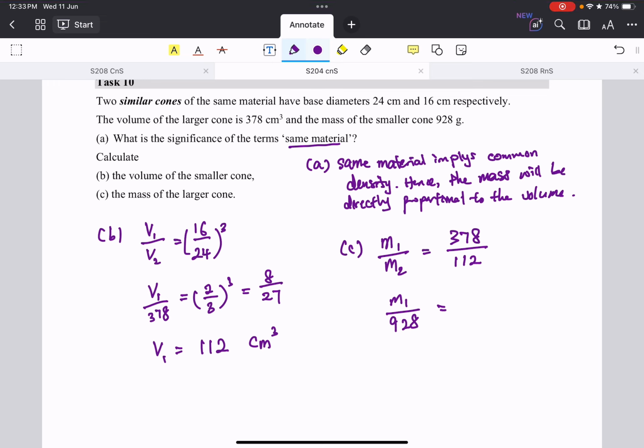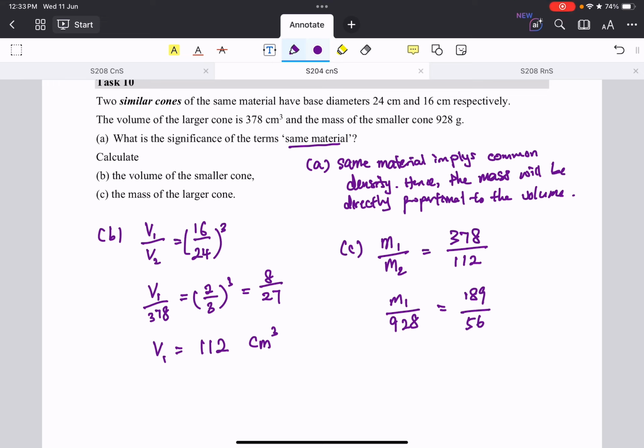378 divided by 112. 378 divided by 2 is 189. I've got a feeling I can divide this by 9. Then 112 divided by 2 is 56. That works for now.